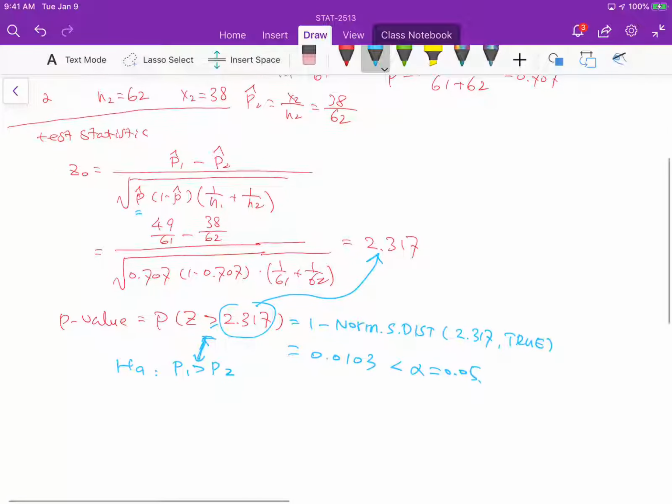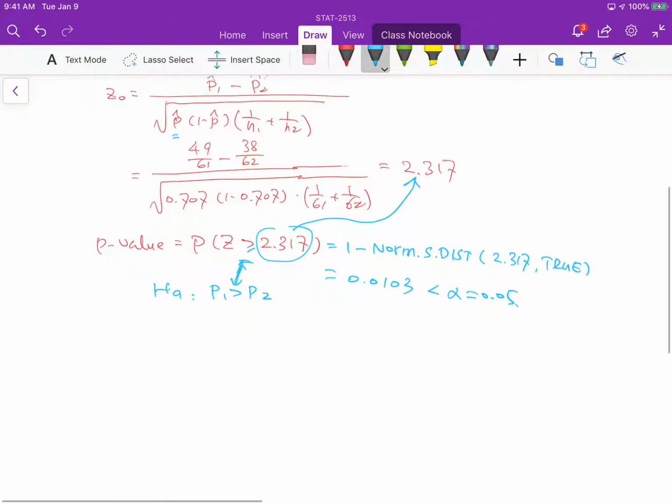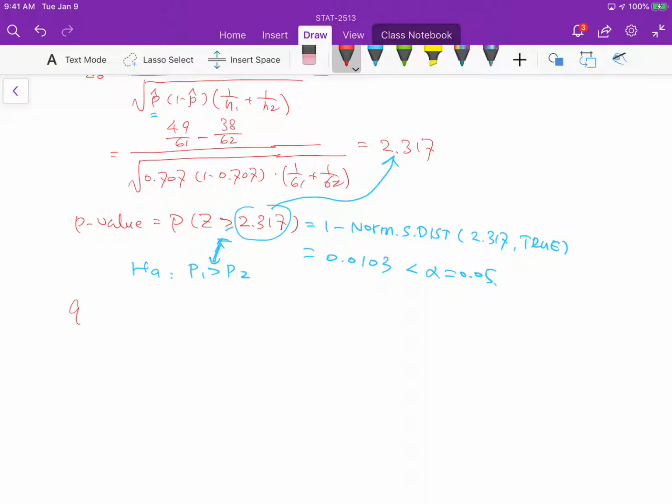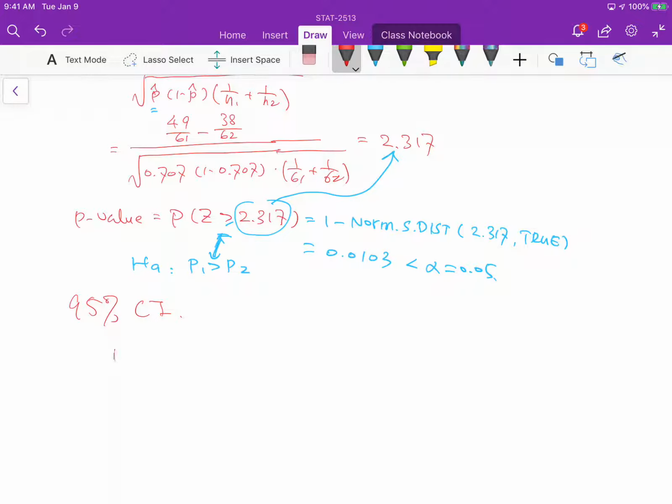Now, if we want to calculate a 95% confidence interval, the confidence interval will be P1 hat minus P2 hat plus or minus a critical value from the normal distribution times the standard error of P1 hat minus P2 hat.